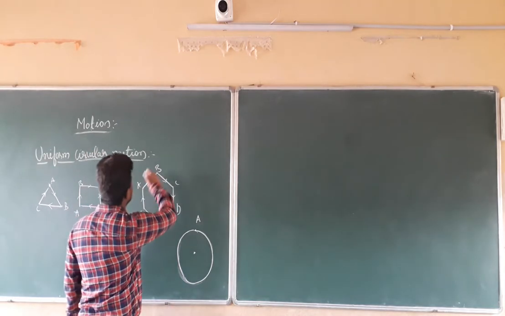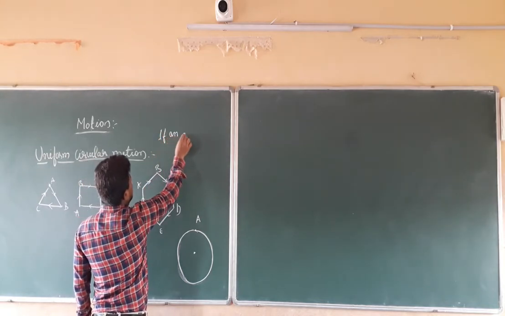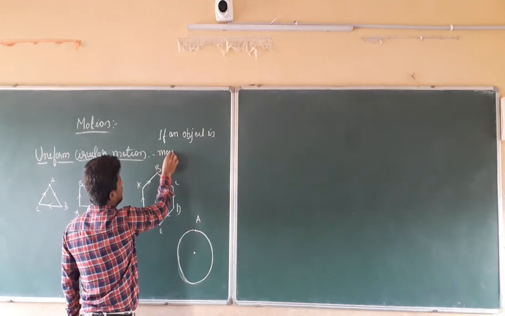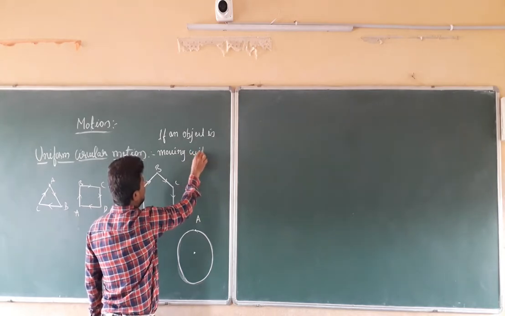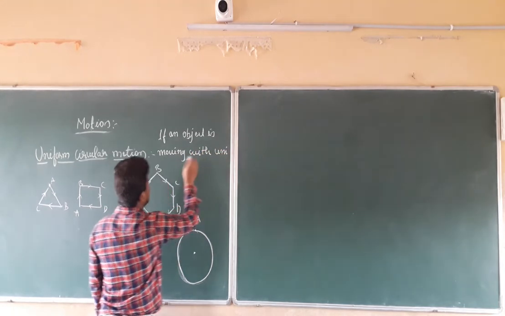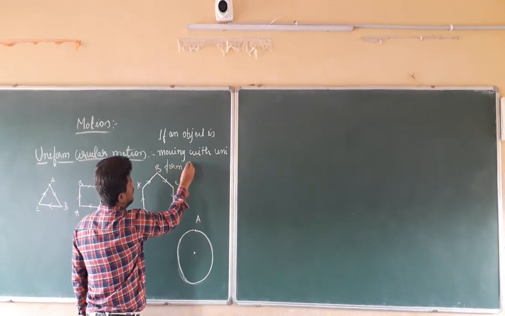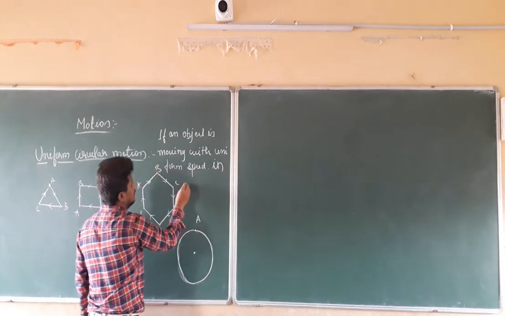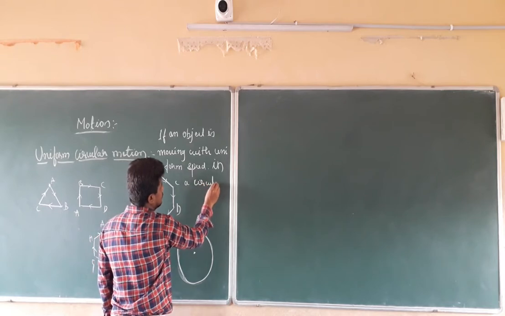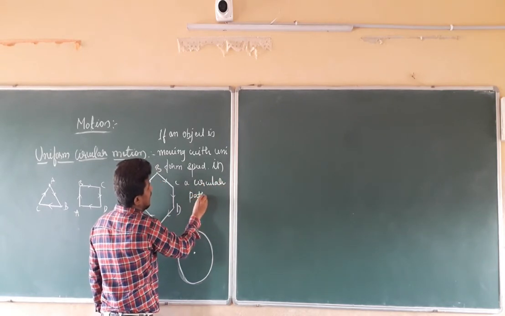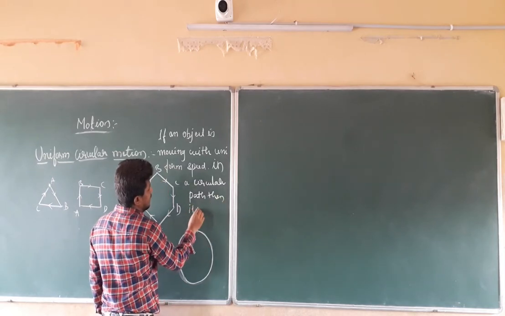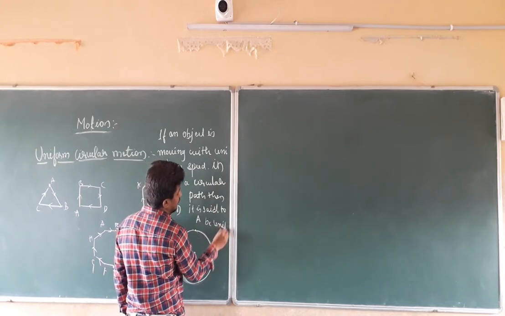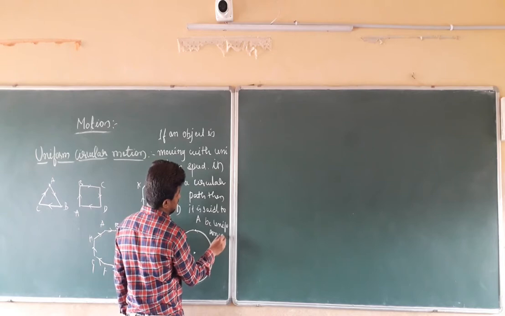So we can say that if an object is moving with uniform speed or velocity in a circular path, then it is said to be uniform circular motion.